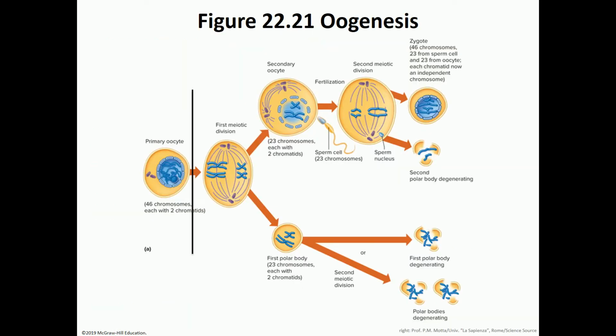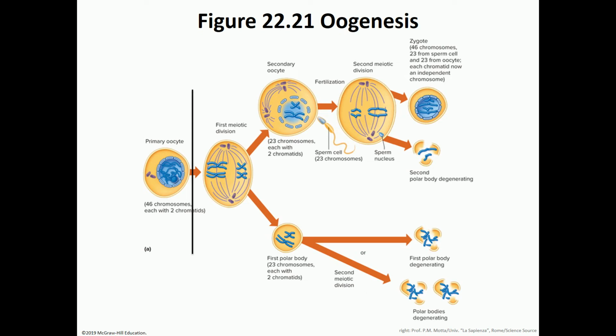So we'll see here the whole process of oogenesis. Remember, this primary oocyte is surrounded with follicular cells, and we call that the primordial follicle. Now that primary oocyte is in the middle of the first meiotic division. Again, this all happens in fetal development.